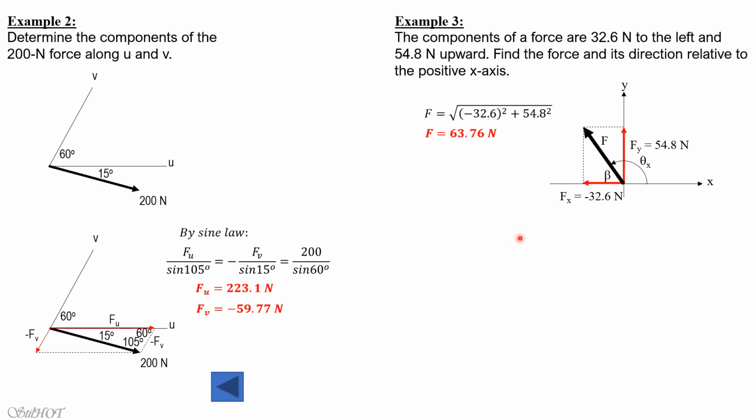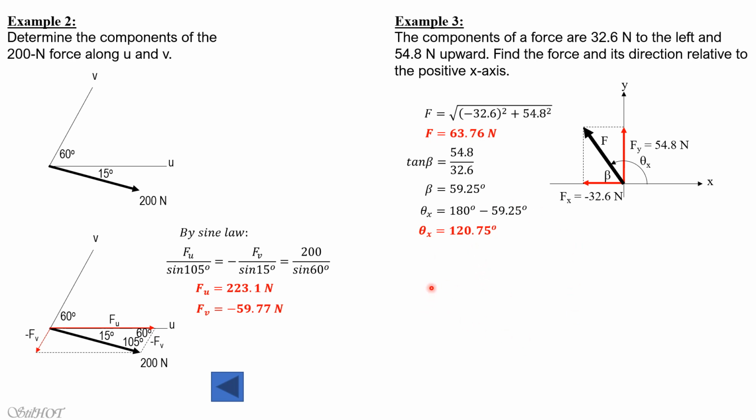And then tangent of beta is 54.8 over 32.6. So beta is 59.25 degrees. Therefore, theta x is 180 minus 59.25 degrees. So there's no need to indicate counterclockwise because positive angle is understood counterclockwise.